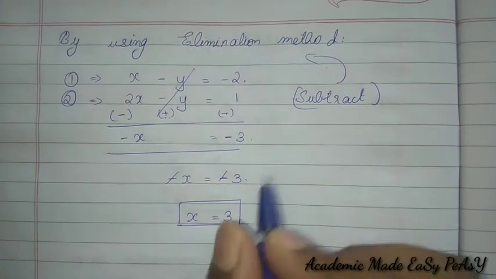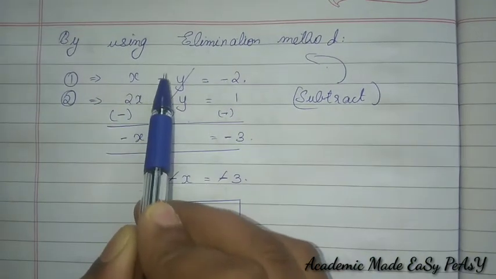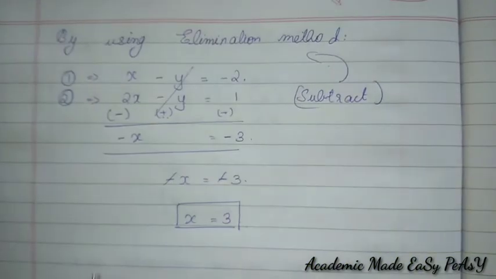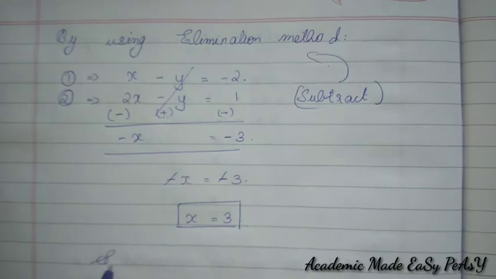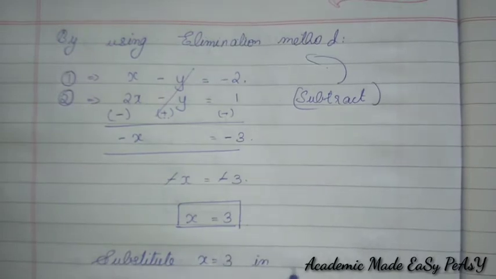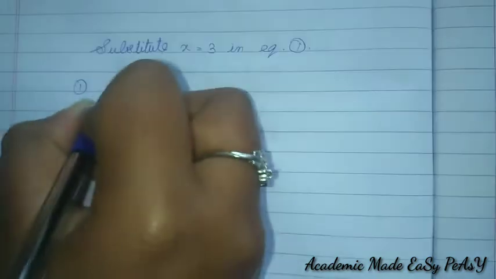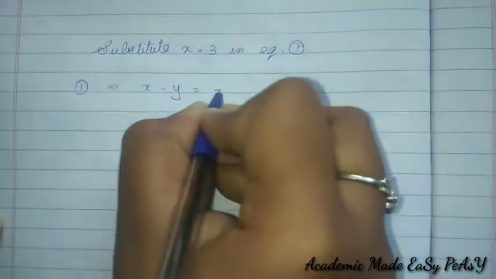Now I will substitute in any one of these equations. Let me substitute x is equal to 3 in equation 1. Equation 1 implies x minus y is equal to minus 2.